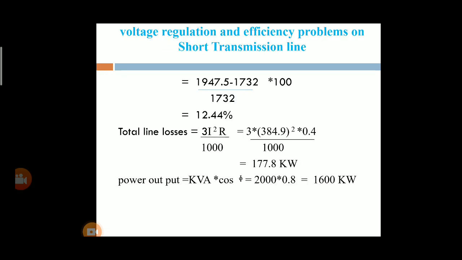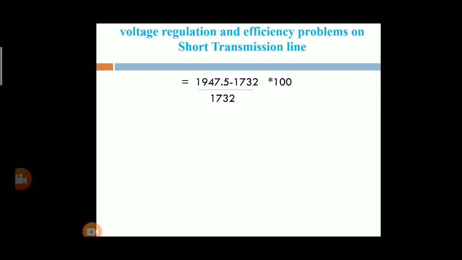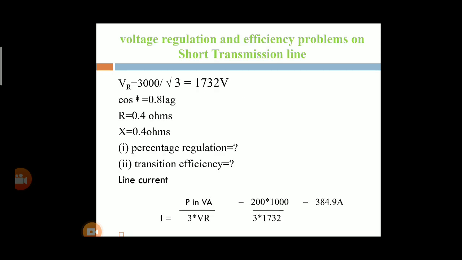This is the solution for the transmission efficiency and regulation of a three-phase transmission line, with the sending end voltage and the load currents. In this problem also we write the equivalent circuit diagram, and we substitute the values to be found out and the values given in the question.